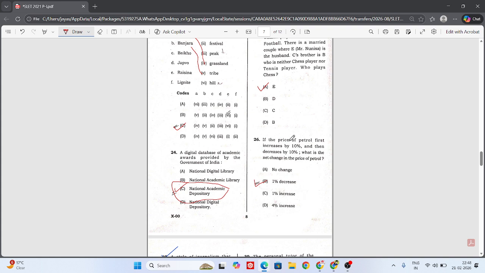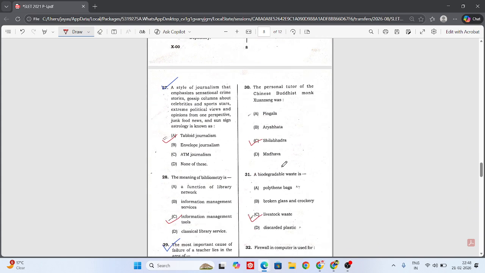If the price of petrol first increases by 10% and then decreases by 10%, what is the net change in the price of petrol? I feel like there will be no sense, because it's an increase and then a decrease, so it's equal.